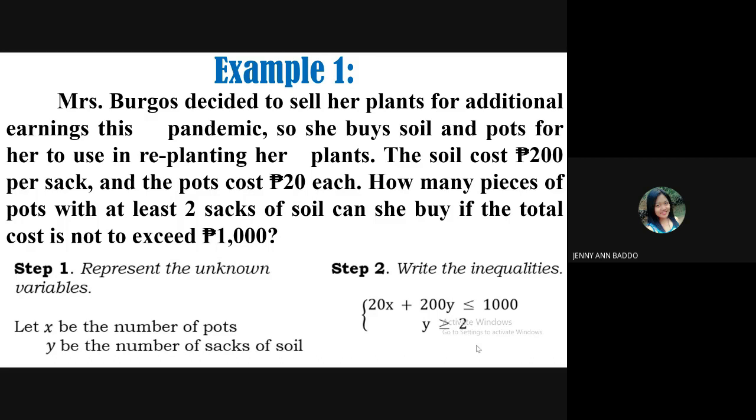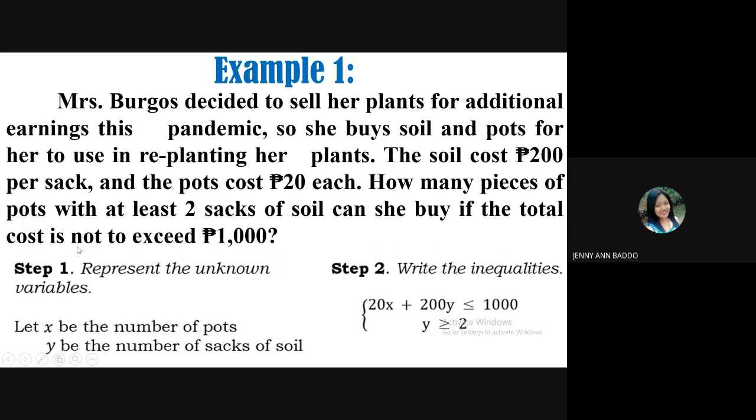Since from the given, it was stated that the soil costs 200 pesos per sack and the pots cost 20 pesos each, and the total cost should not exceed 1,000 pesos, we have the linear inequality, 20 times the number of pots, that's 20x, plus 200, the cost of soil per sack, times the number of sacks, so we have y.